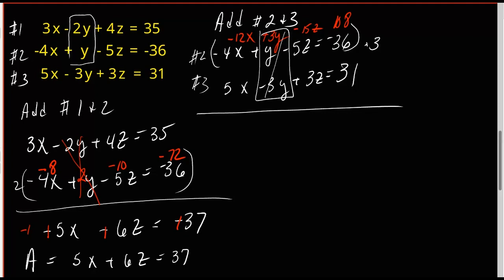Minus 12x plus 5x gives me minus 7x. I have a minus 15z and a plus 3z, so that's going to give me minus 12z. I think I forgot a negative sign here. Yes, so negative 108 plus 31 will give me negative 77.